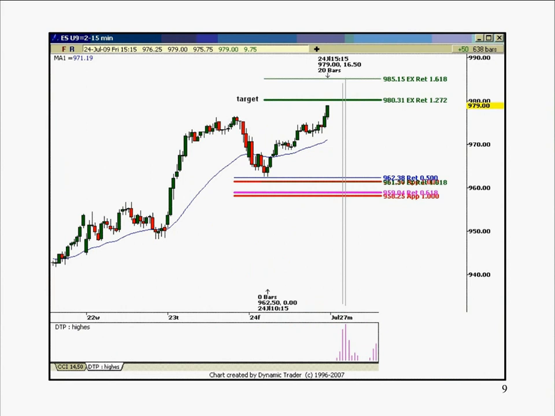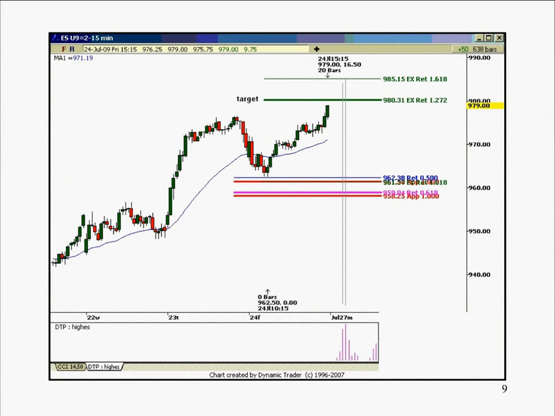And the eventual move, it wasn't immediately straight up, but the eventual move was towards the target of 980. So we got up as high as 979 from where your entry would have been, which was around the 964 area.